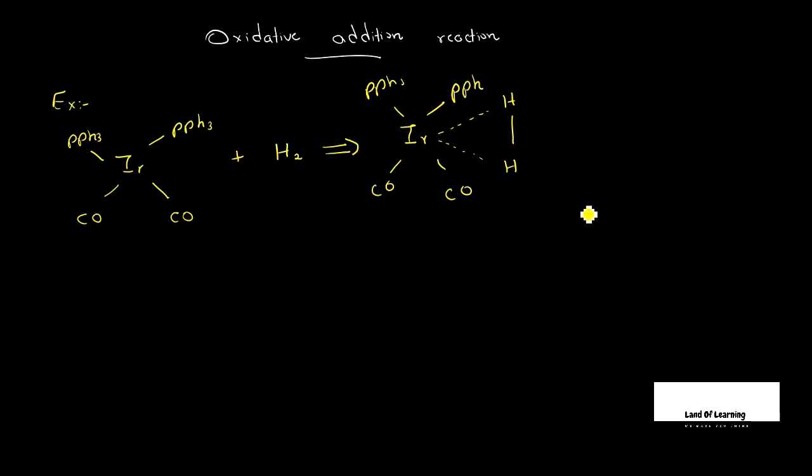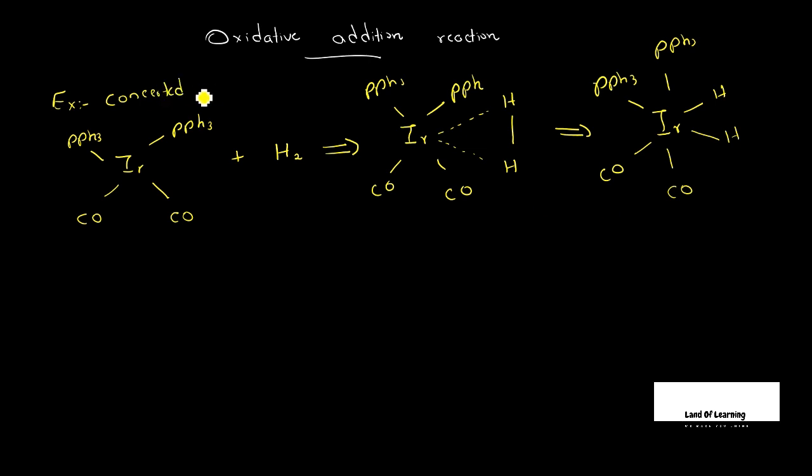And then this bond will be broken to form complete bonds with our metal center. So here we have PPh3, and here we have hydrogen, and we have carbonyls. So this is our first mechanism, which we call the concerted type mechanism.